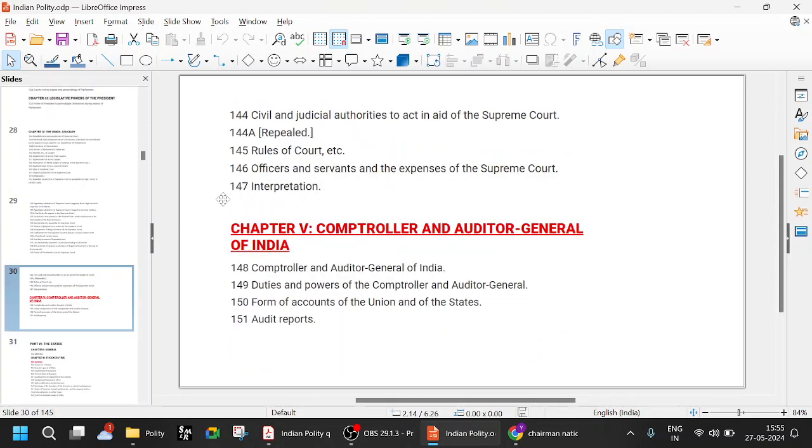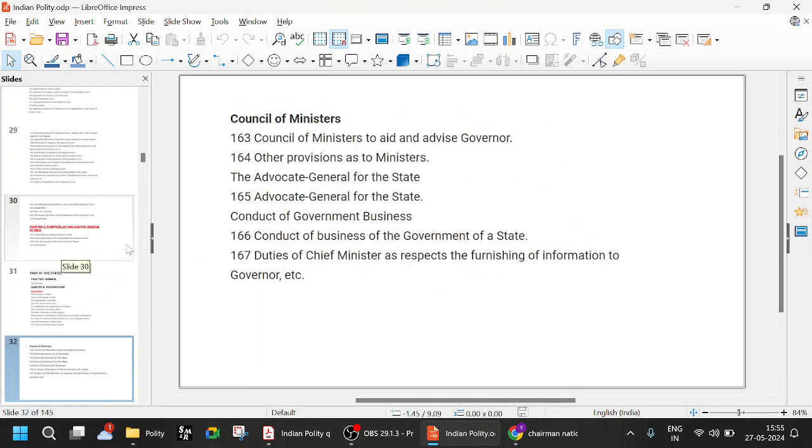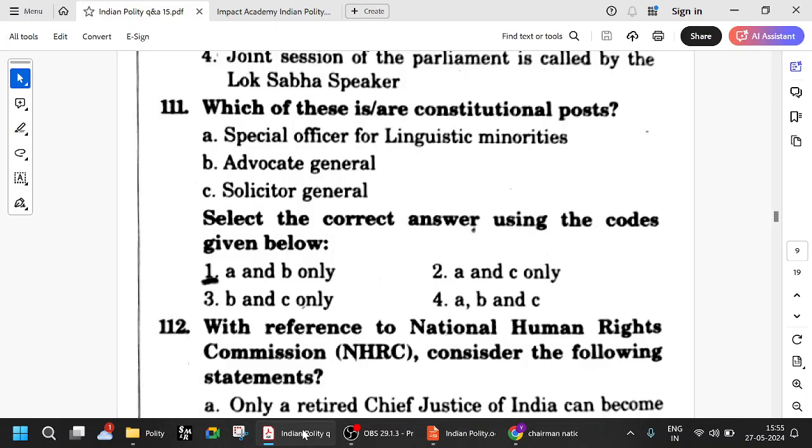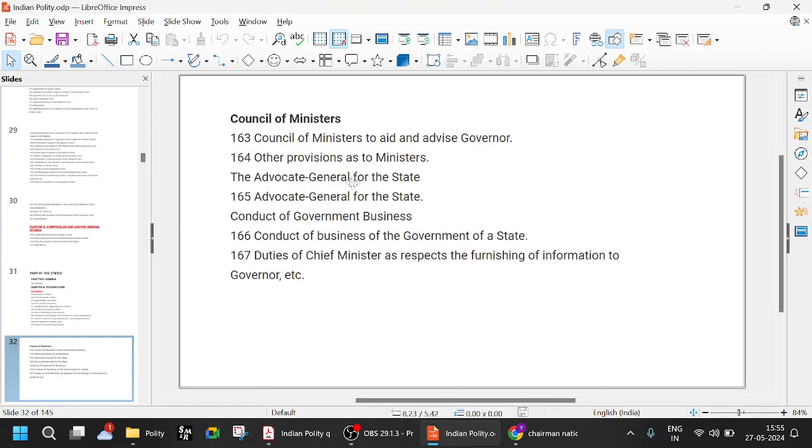CAG is 148. Very important. 76, 148, and 165. Remember all those three. So special officer for linguistic minorities 350B, and advocate general: 76 or 165? 165, sorry.